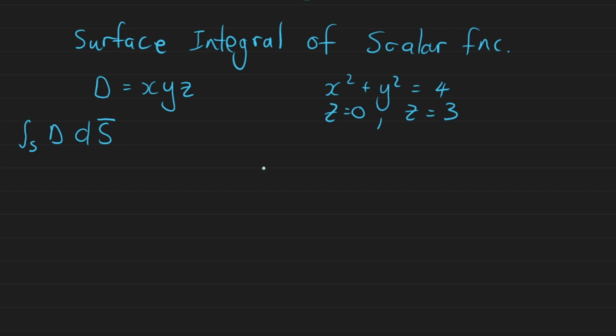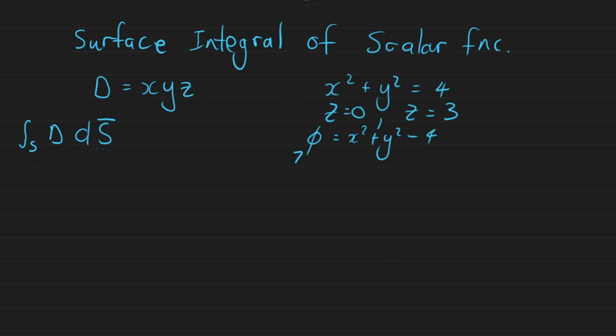The first thing we need to determine is the normal vector, because this vector area depends on it. To determine the normal vector, we create an implicit function, and then find the gradient vector of that implicit function. The implicit function, phi, becomes x squared plus y squared minus 4.